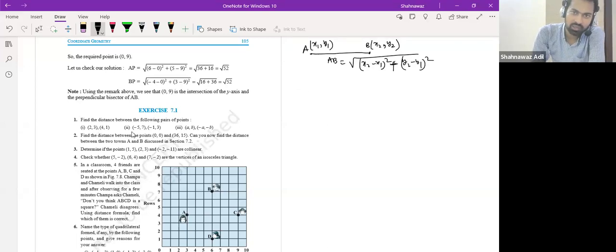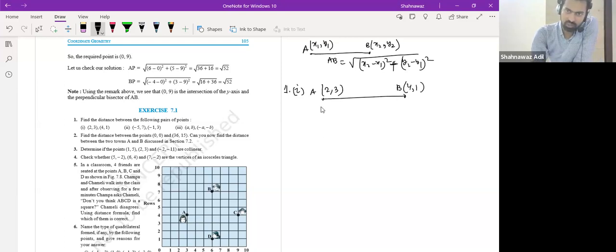Okay. So in this question number 1, let me draw it like so. We have A, which is 2, 3, and B, which is 4, 1. So what is x1 and what is y1?